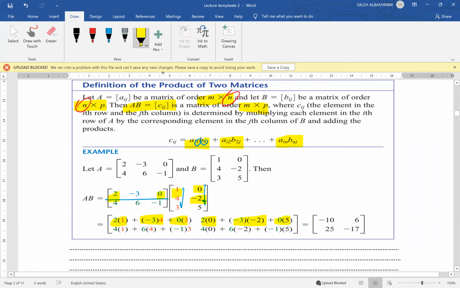Apply the same concept for the second row. Multiply the first row by the first column, the first row by the second column, and this will give me the matrix minus 10, 6, 25, and minus 16. So the idea is to move horizontally, then vertically, for each row and for each column.